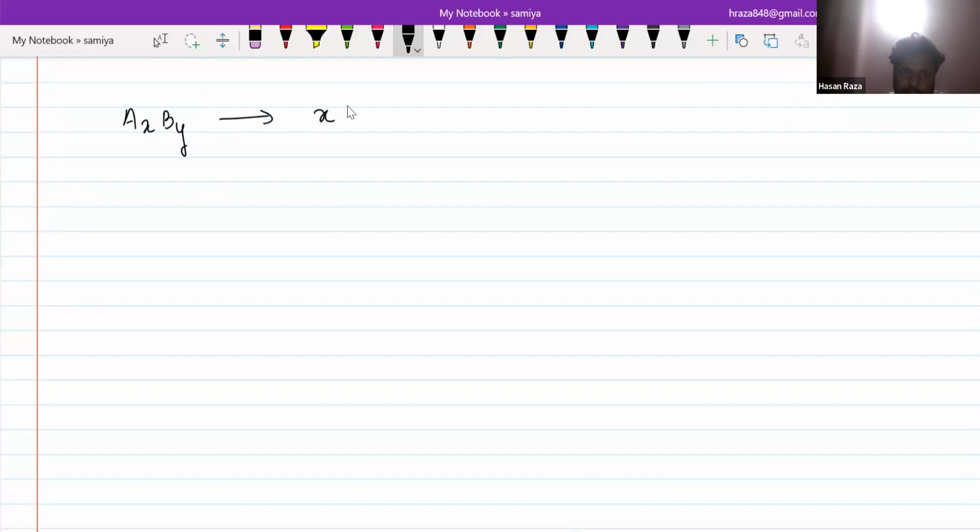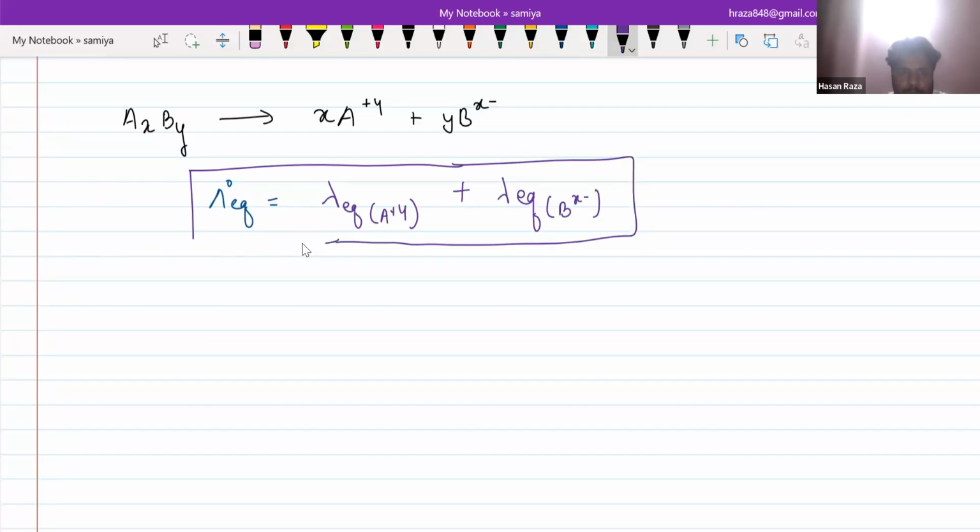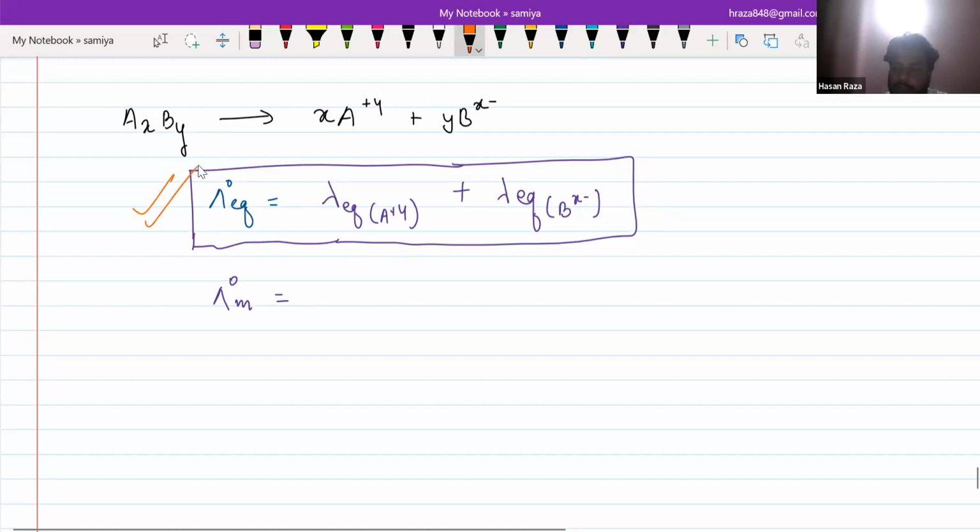If you dissociate it, it will give x A^(y+) plus y B^(x-). Yes or no? Now, if you write the equivalent conductivity, it will be lambda eq of A^(y+) plus lambda eq of B^(x-). But lambda naught infinity we need to balance, since in the mole concept we need to balance; M is for molarity, EQ for equivalent concept.